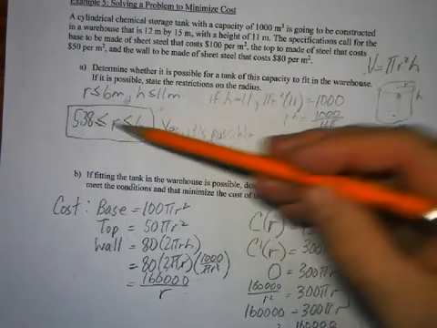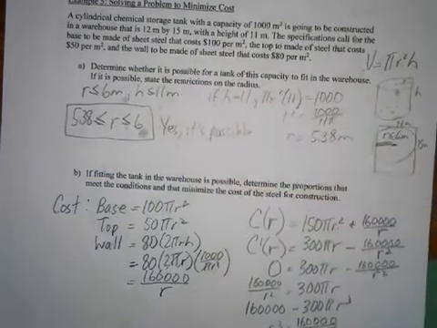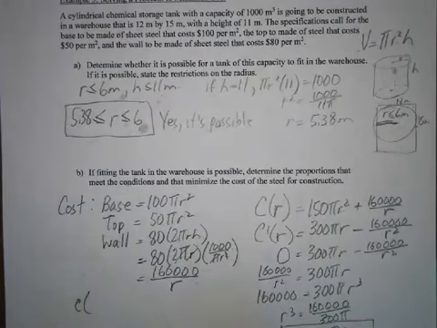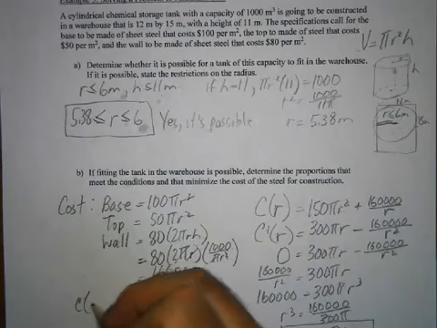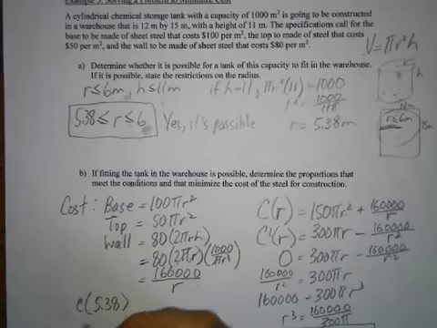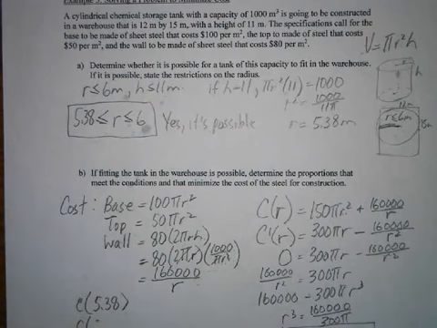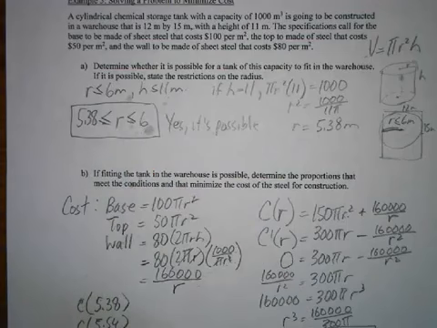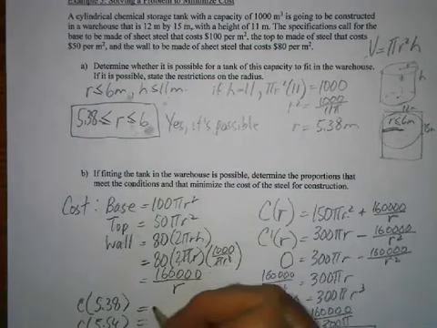So we're going to do our three costs based on the value of R. First one is 5.38, second one is this value here, and the third one is the upper value of the domain, C of 6. Plug those guys in, we get, for this one, cost is 43,380.